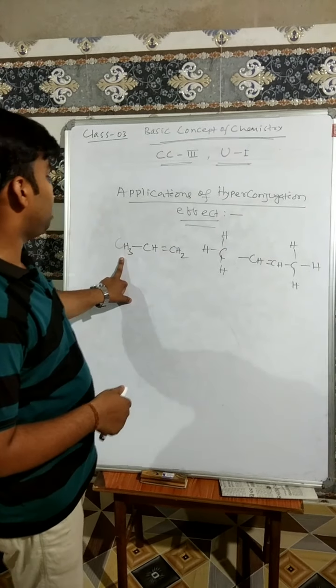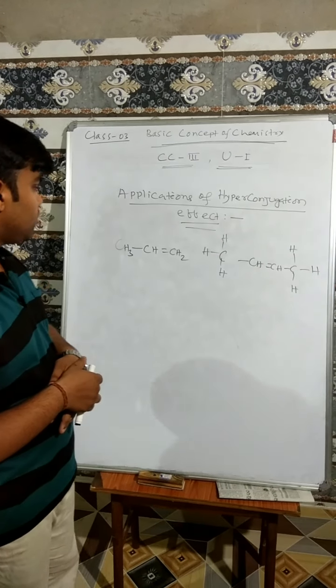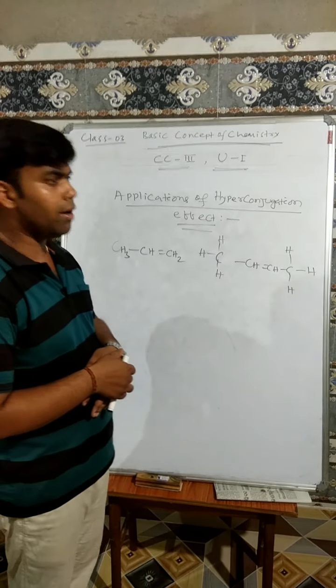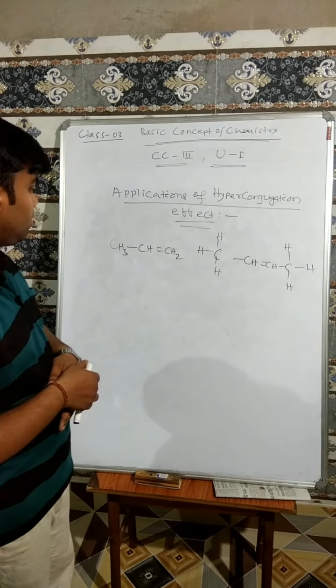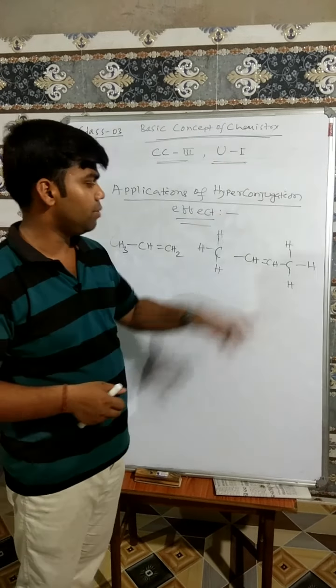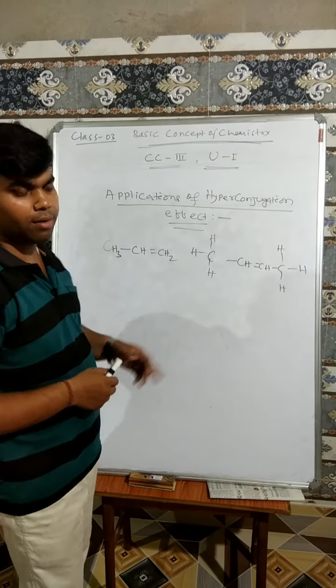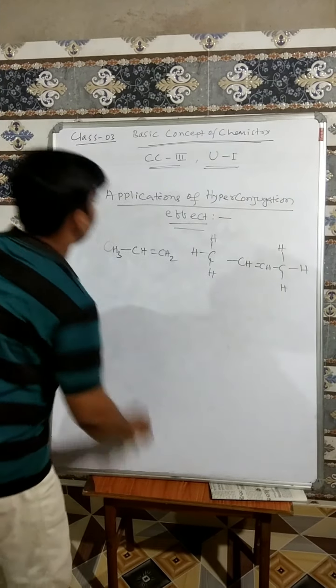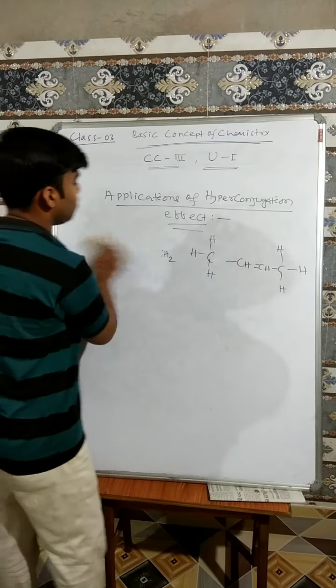So as we discussed before, if the compound has a greater number of alpha hydrogen atoms, then it has more stability. In this regard, we can also compare propane and but-2-ene. Out of these two molecules, but-2-ene has more stability compared to propane. This is one application of the hyperconjugation effect.